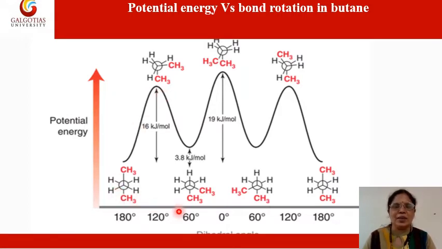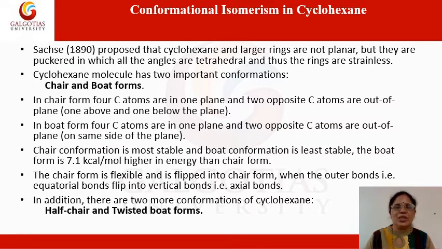In staggered, where the two methyl groups are opposite to each other, that is the most stable one, called the anti conformation, and then the Gauche conformation. So from this we can say that among the conformations of cyclohexane, the boat form is the least stable.